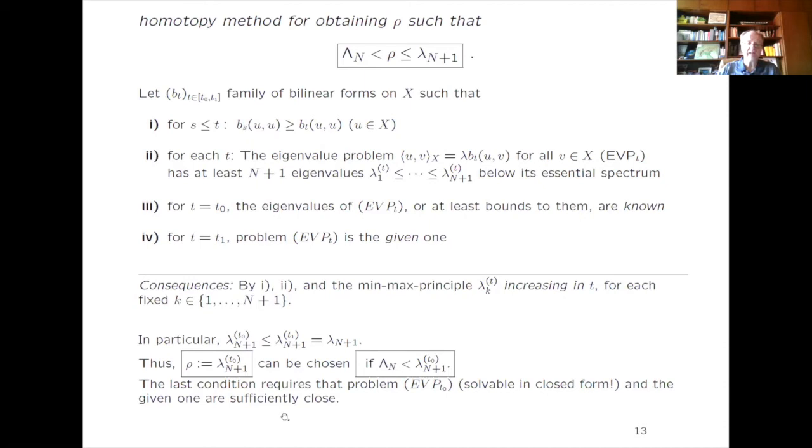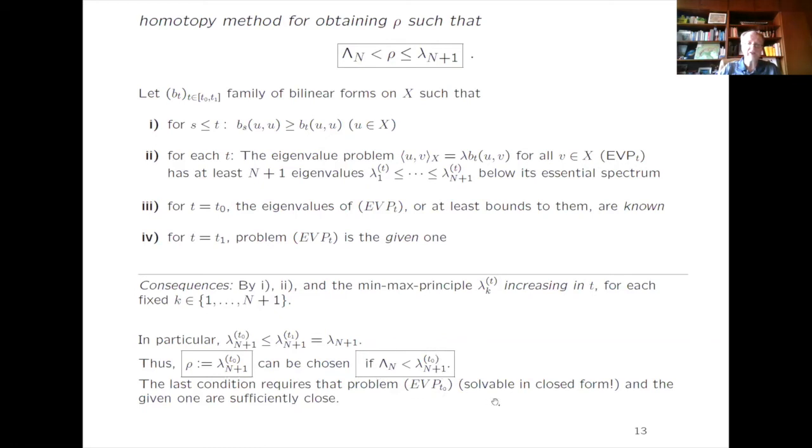Otherwise, we can't have that interlacing. And that is not desirable because a closed form problem close to the given one is a requirement which we cannot always satisfy. But here is no homotopy yet, as you can see. We only use the beginning and the end of the homotopy. So the intermediate steps are used in order to avoid this unpleasant side condition.